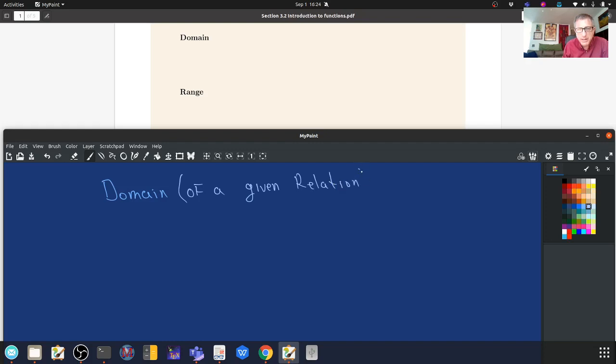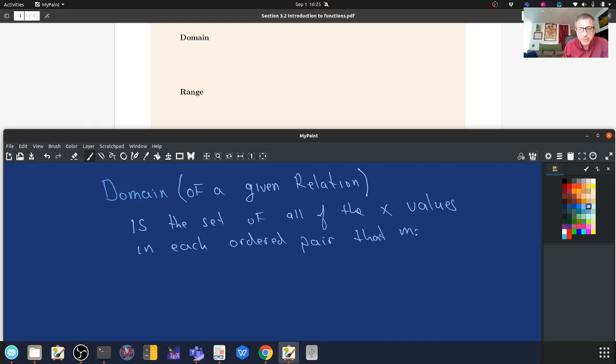We have to be given a relation. It's also a set. It is the set of all of the x values in each ordered pair that makes up the relation.